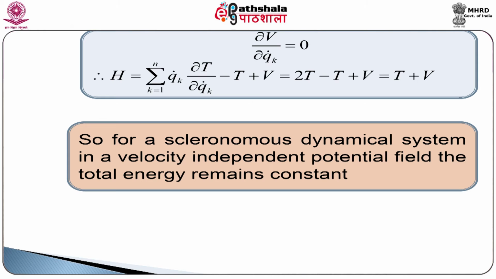If we use this, we get H equal to summation k equal to 1 to n qk dot del T del qk dot minus T plus V. We already have summation k equal to 1 to n qk dot del T del qk dot equal to 2T. So, if we use this result in this expression, then we finally get H equal to 2T minus T plus V equal to T plus V.